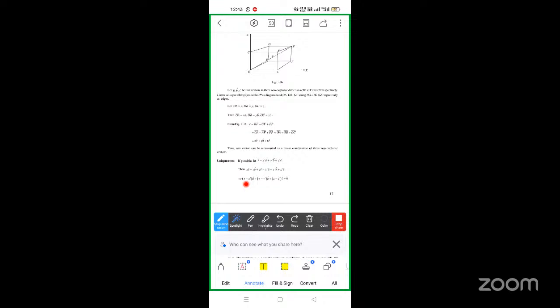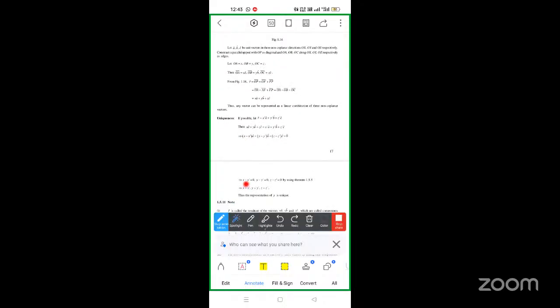We know by the previous theorem 1.5.5 that x a bar plus y b bar plus z c bar is equal to 0 if and only if x is equal to y is equal to z is equal to 0. Here also, x minus x dash is equal to 0, y minus y dash is equal to 0, z minus z dash is equal to 0.